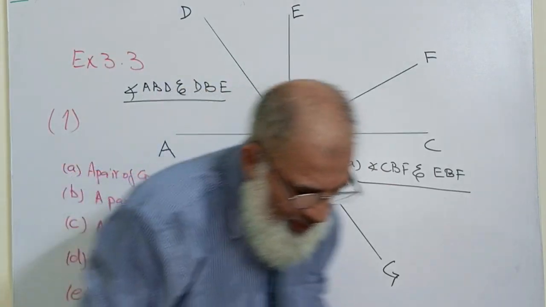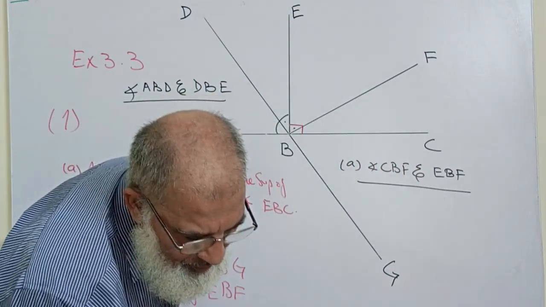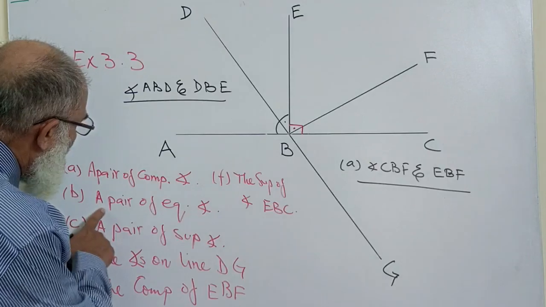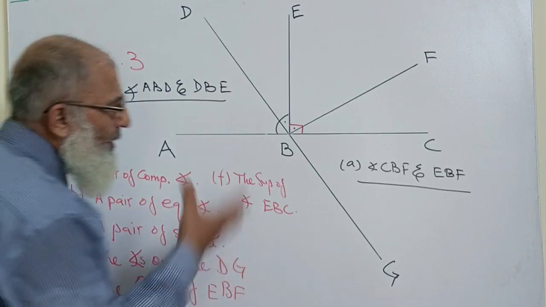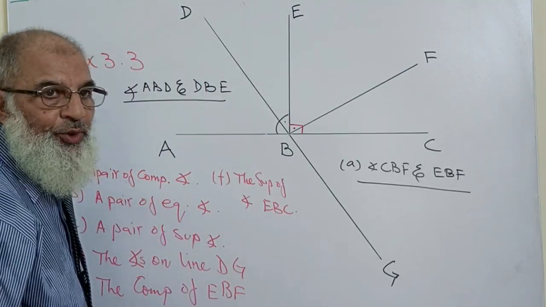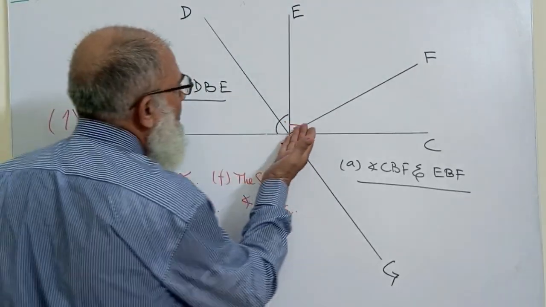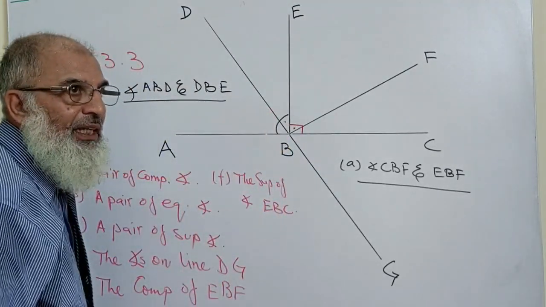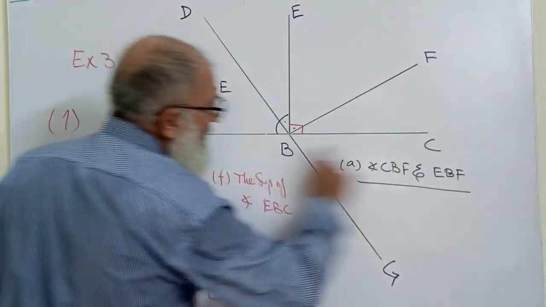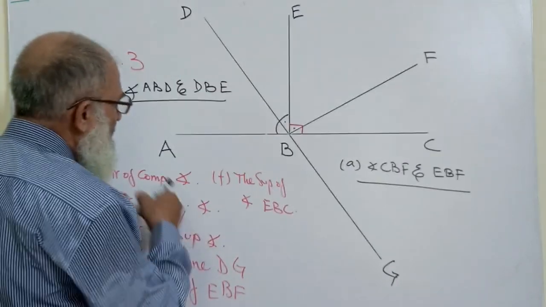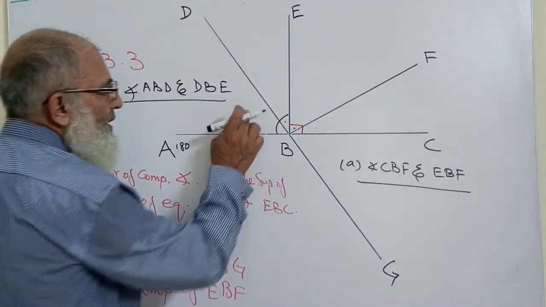So number 2 is a pair of equal angles. Where is the pair? I just told you, when this sign appears, that means the angle on its left hand side is also 90 degrees, because this is 90 degrees and this is 180 degrees. So 90 subtracted out of it is 90 again.